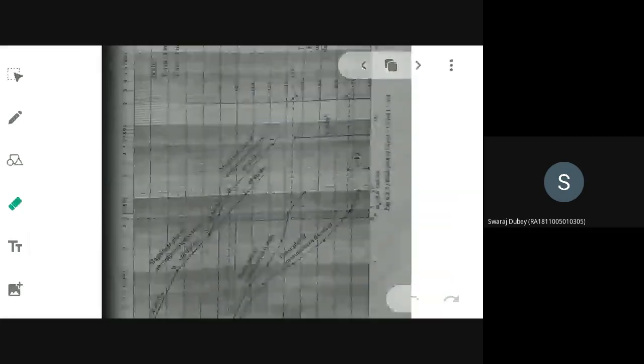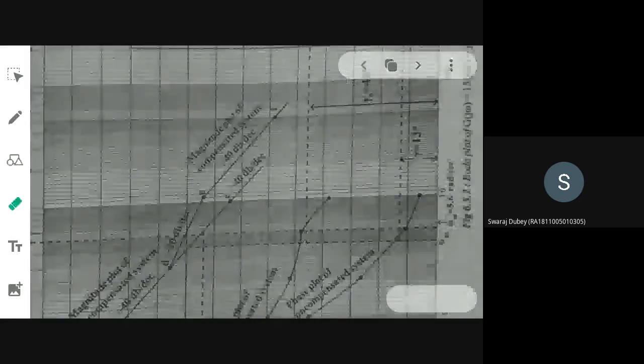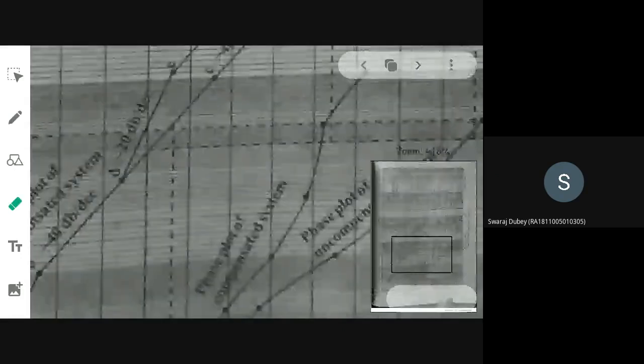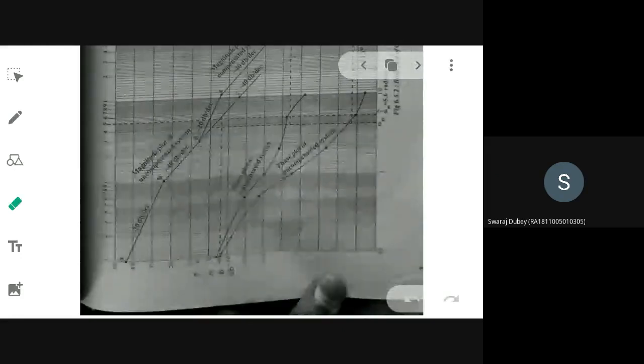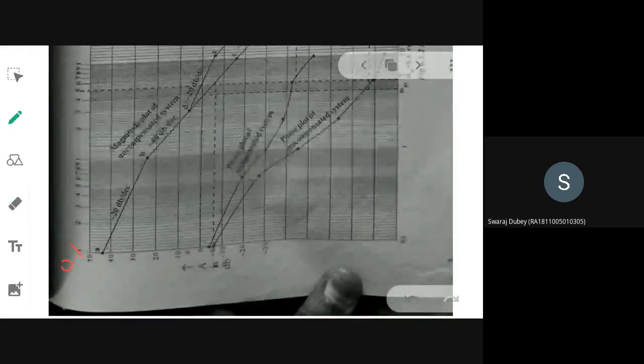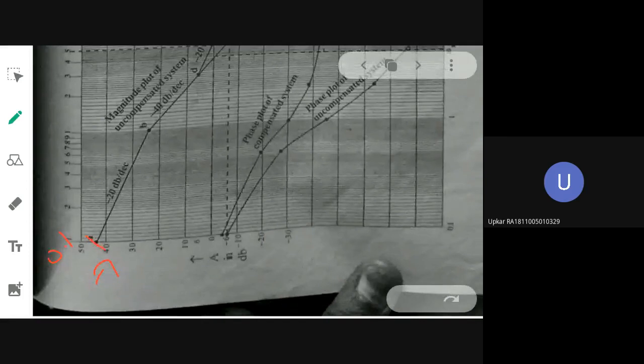So this is my graph part. What are the gain values that I have to plot? They range from 44, 24 and minus 16. Here I have 0.1. For 0.1, what is the magnitude? I am asking magnitude, not angle. This is my 44, my first point.